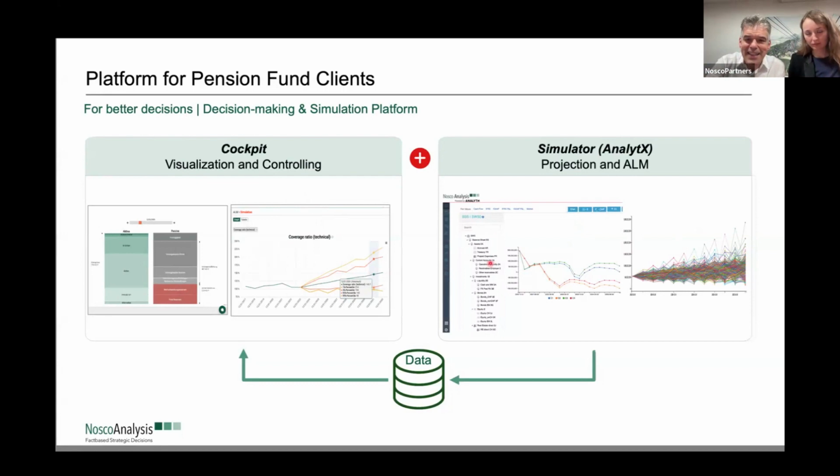But behind the scene, we have analytics. Analytics is based on ACTUS to do all the simulations, right? Very, very heavy, very, very powerful machine, but not so easy to operate and not so easy to read. And that's why we bring it back into our cockpit. So Veronica, please show them our cockpit.